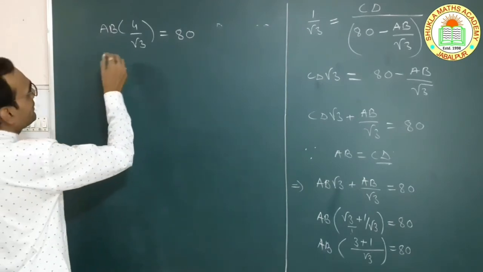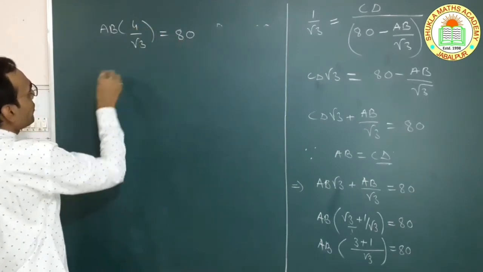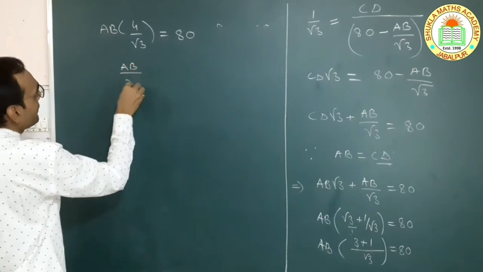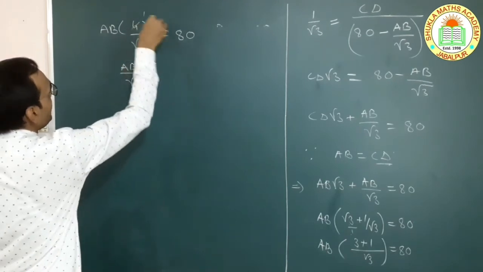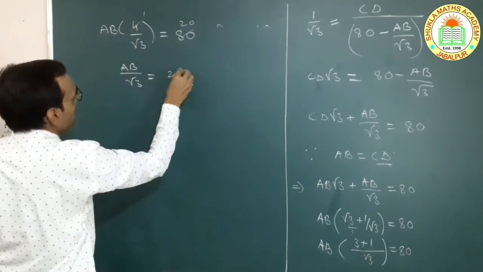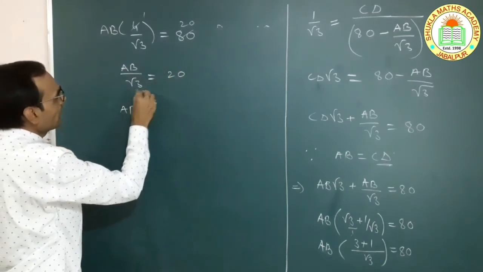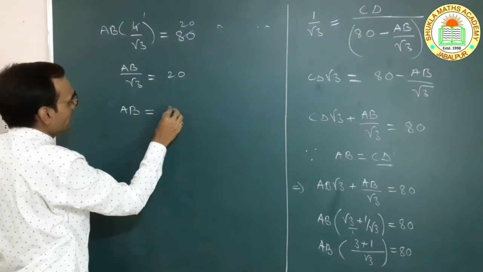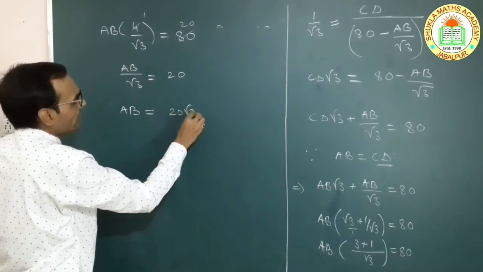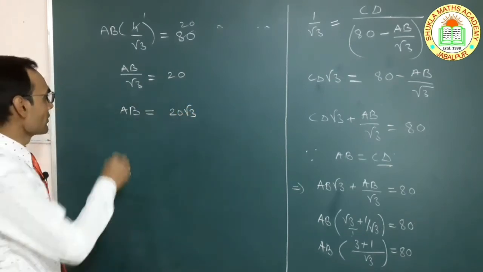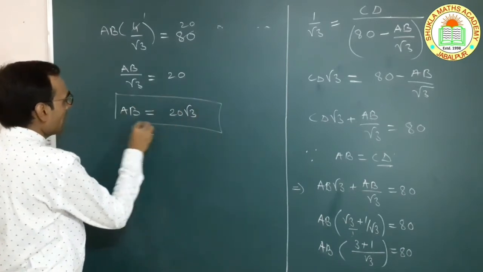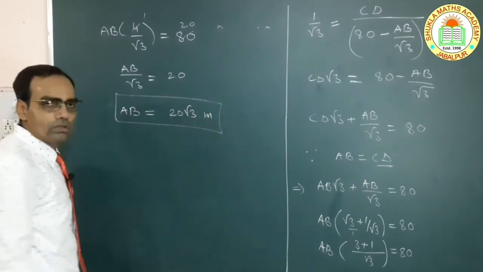Dividing 80 by 4, we get AB by root 3 equal to 20. So this gives AB equal to 20 into root 3 by cross multiplication. We get the value of AB as 20 root 3 meter.